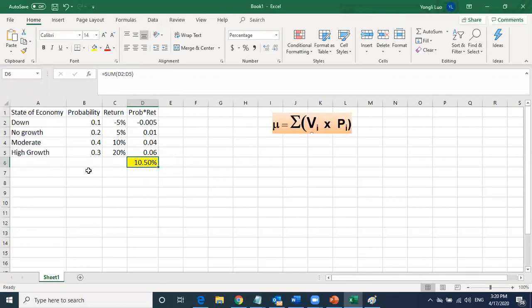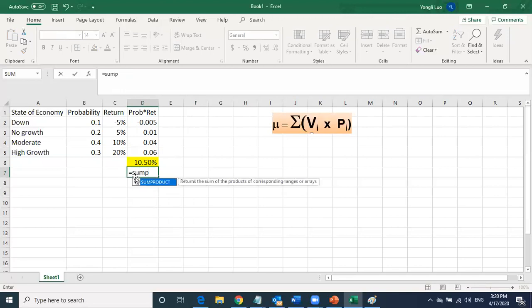You have another way to do that. There is another function called sumproduct.